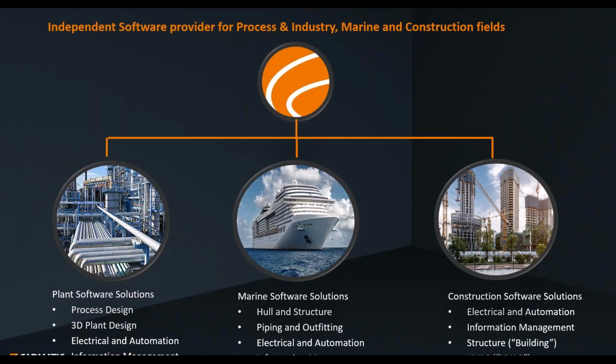Then in marine, we have a very strong presence in the global marine market, and we are proud to say that CADMATIC is used by most of the globally known shipyards. And in the construction business, we offer a wide range of building electrical design, HVAC design, including building automation design, volume and energy calculation, and powerful modeling tools for architectural and structural design.